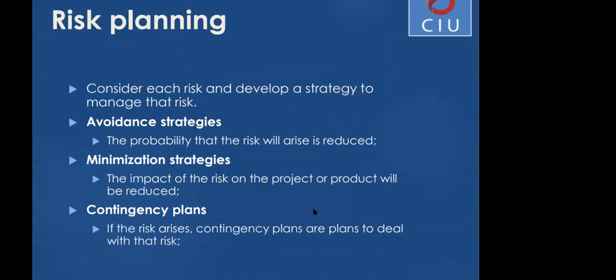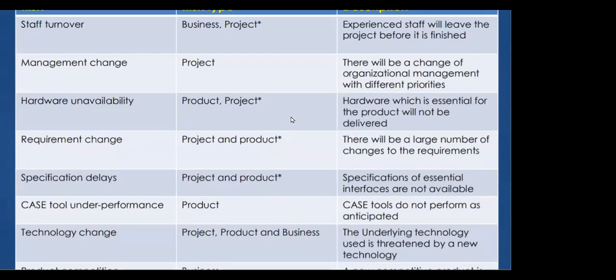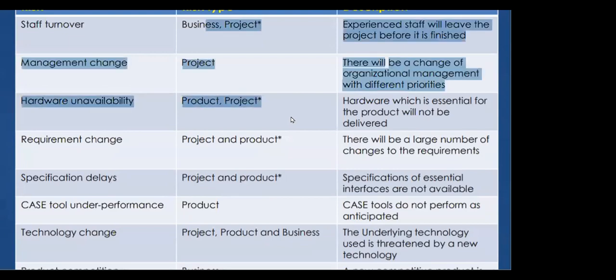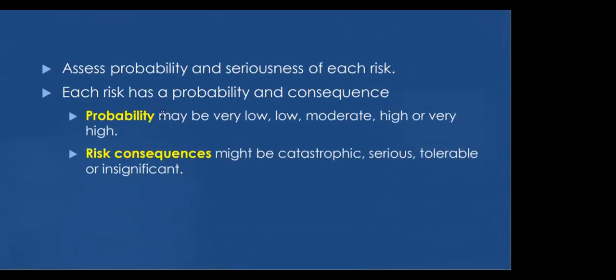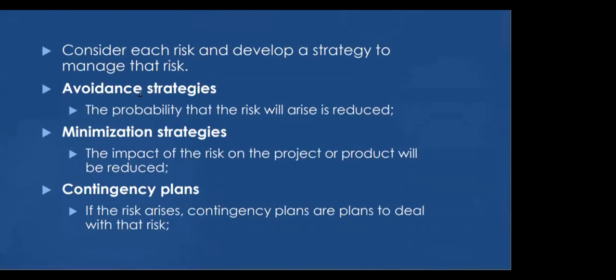If this risk arises, what kind of plan will we have to address it? All of these things should be considered. So once you have identified the risk as a business, project, or product risk, you define its probability and its effect in the second part. And in the third part, you develop a plan so that you can address this.